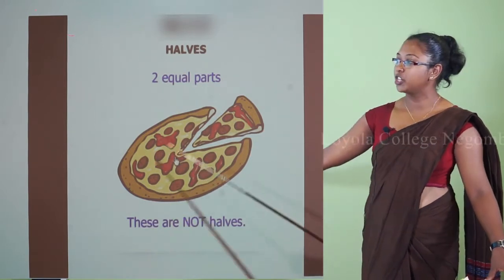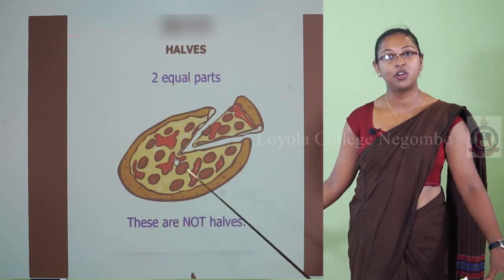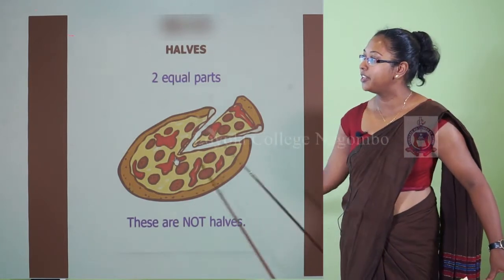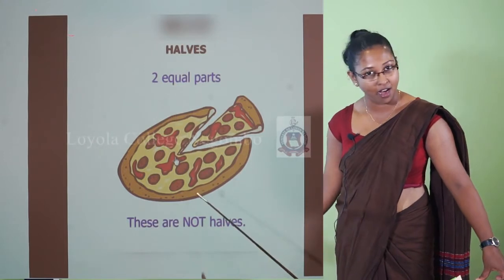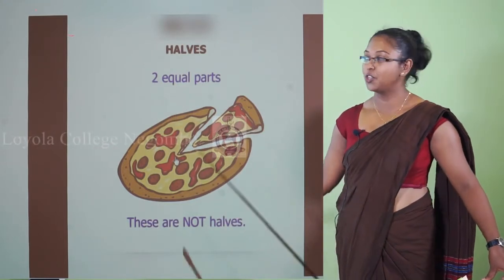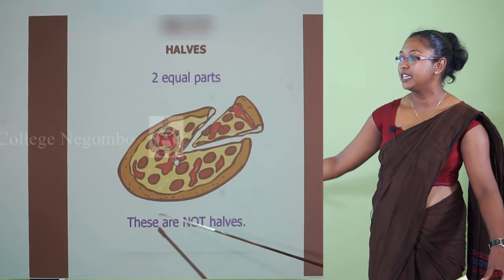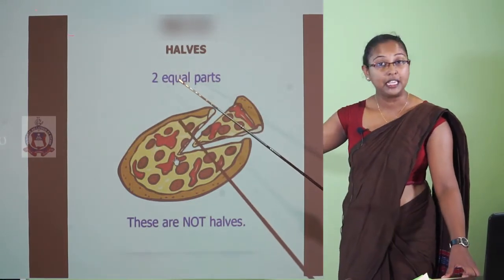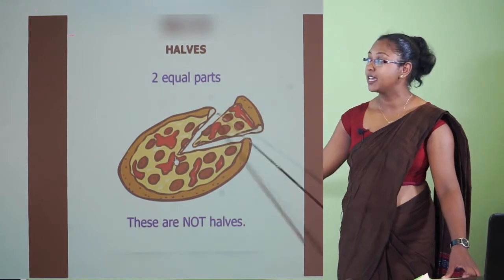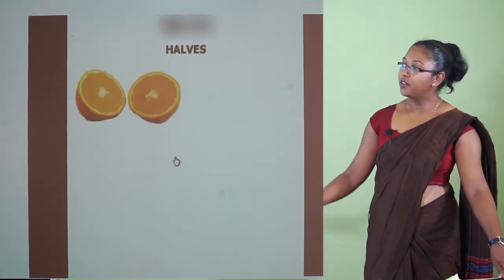No. If you share this pizza with your brother or sister like this, will it be a half? No. So we can't call this half. These are not halves. Halves means 2 equal parts. These are not equal.